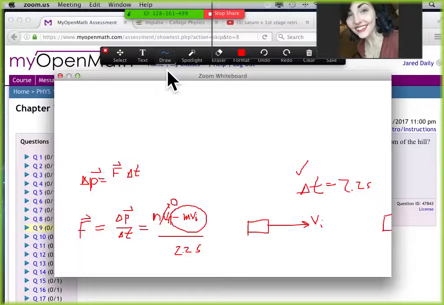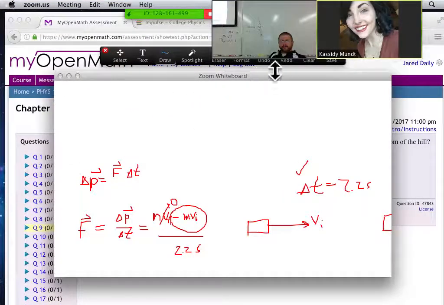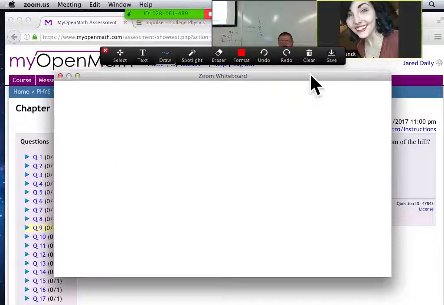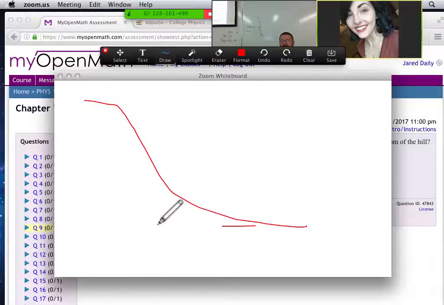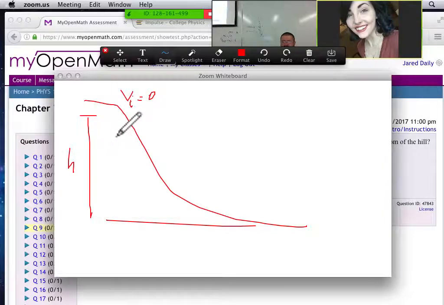Well, this is how it looks here in the end. Let me get on the whiteboard here really quick. So we're at the top of our hill, and then we're going to be at the bottom of our hill. The height of our hill is whatever height h it is, right? At the top you're not moving at all, and then you're just going to roll down the hill. So your velocity initially is 0, and your height initially is h. But at the bottom, your height is 0, and your velocity is at a maximum, right?